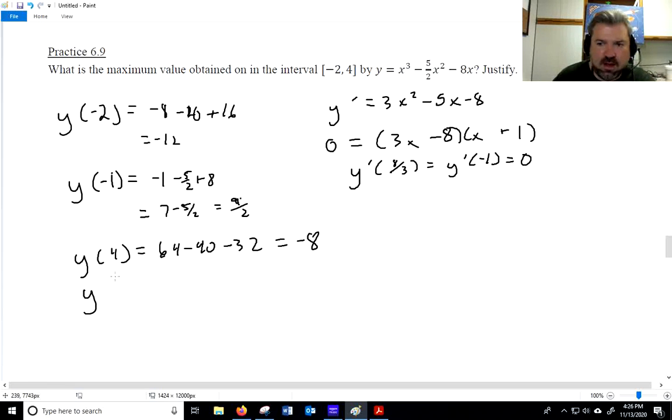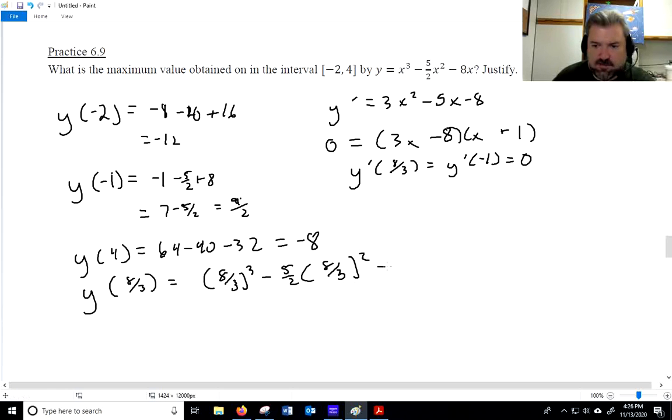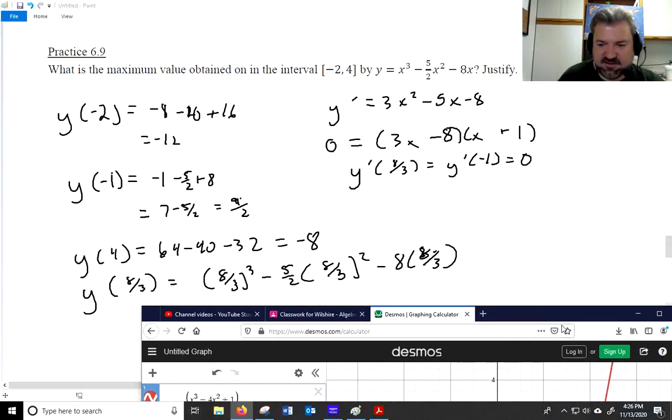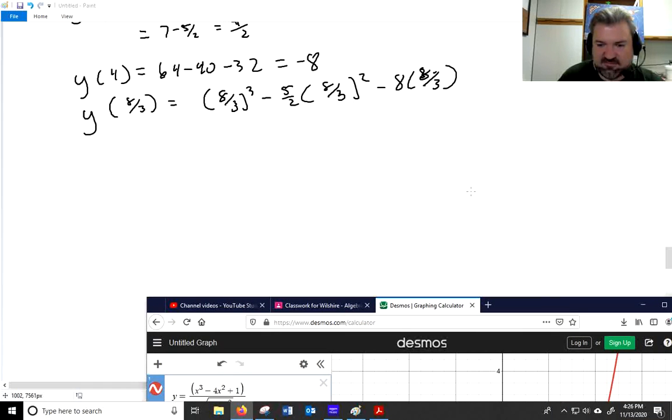And let's do y of 8/3. I think we have avoided this long enough. 8/3 cubed minus 5 over 2 times 8/3 squared minus 8 times 8/3. And I'm going to just use a calculator. So let's just let a calculator do the work for us, and that's okay, right?